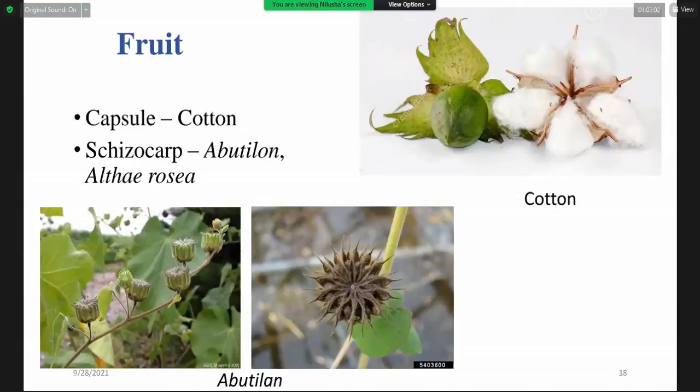After drying, it splits into several parts. That we call a capsule. Inside this capsule, there are seeds. Is it okay? Okay, ma'am. Capsule means fruit.